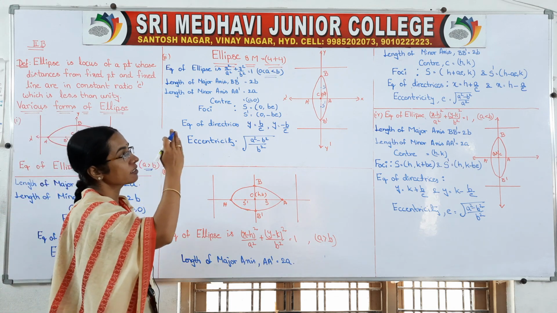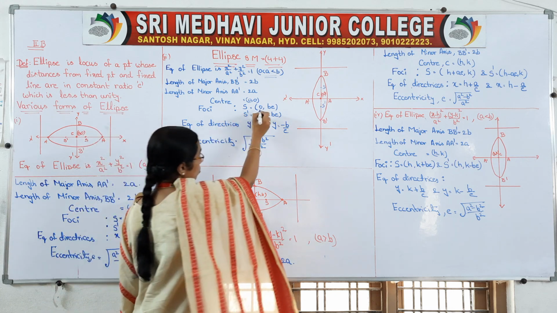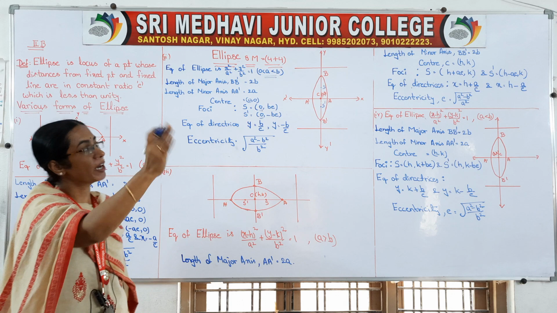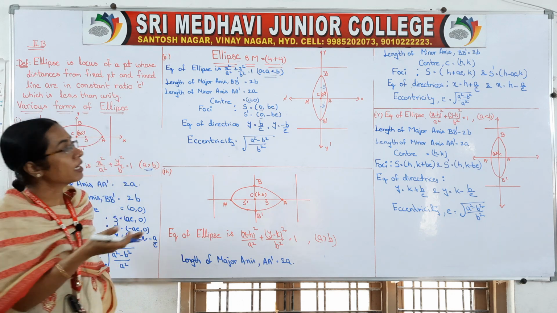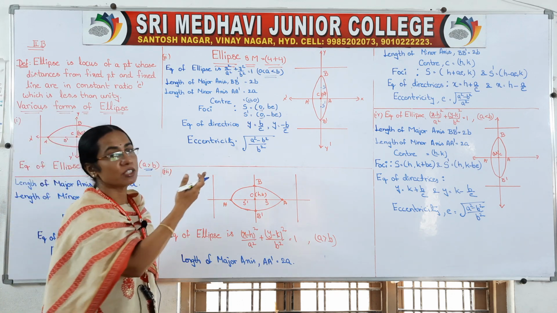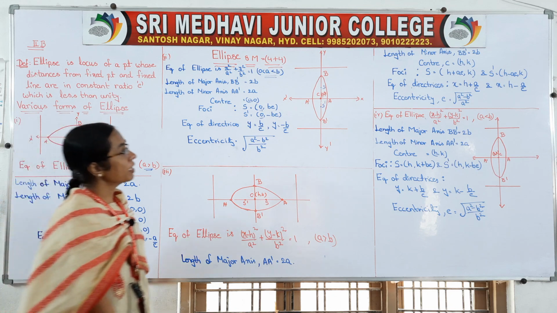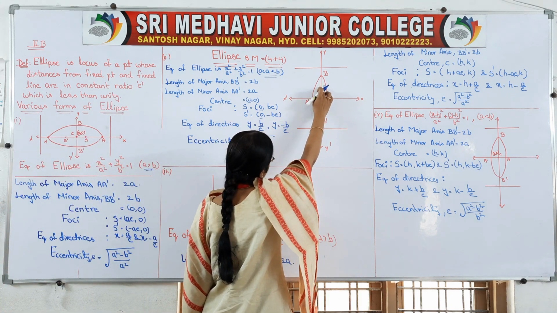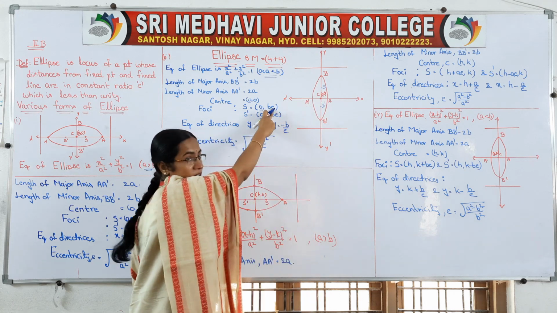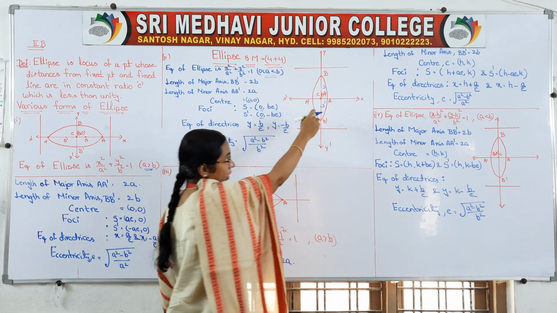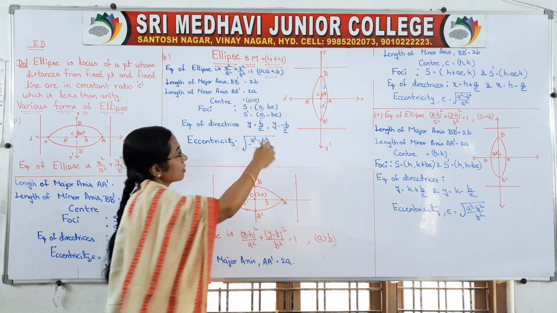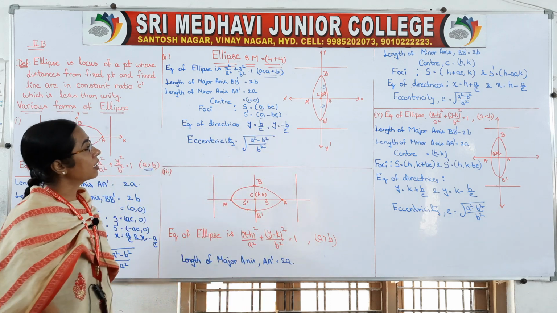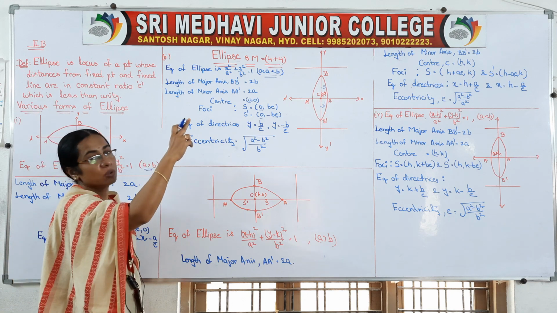Whenever a point lies on the y-axis, its x-coordinate is always equal to 0. For this focus, it is above the x-axis, so its y-coordinate is positive, and for this focus, it is below the x-axis, so its y-coordinate is negative.